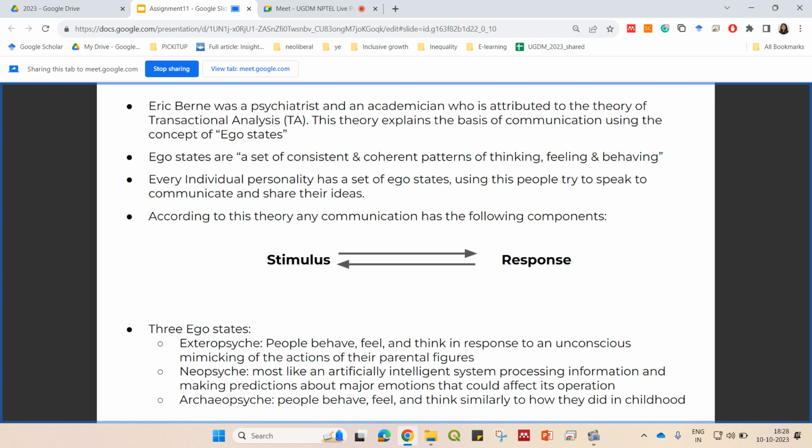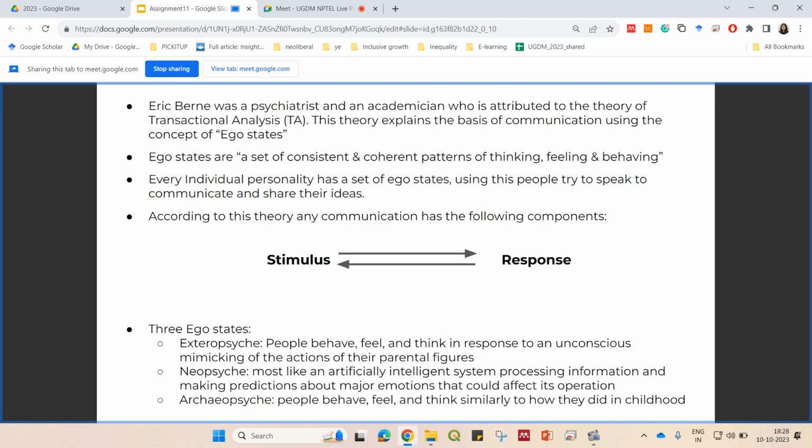Any communication that anyone has in any kind of circumstance, Eric Berne says, can be classified based on ego states, and there are three kinds of ego states based on which you can identify the communication.